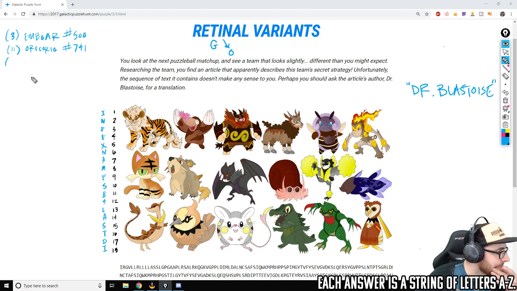After the 1, we'd have a 2, and a 2 is Infernape. Infernape is 392.